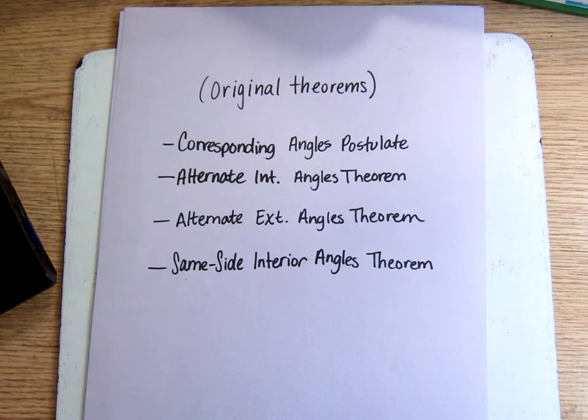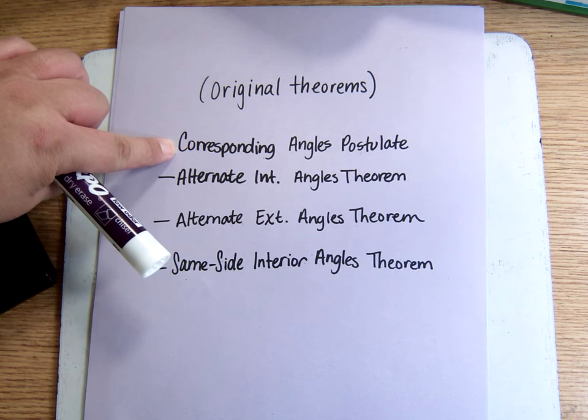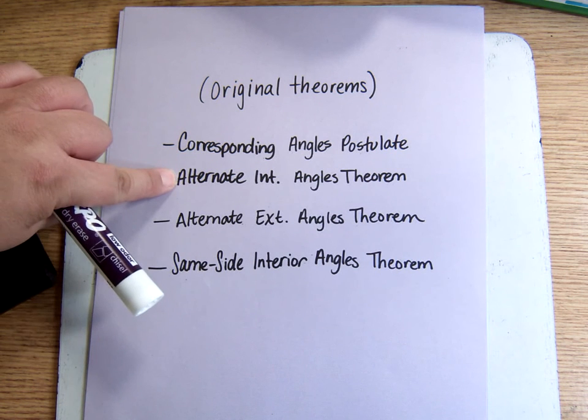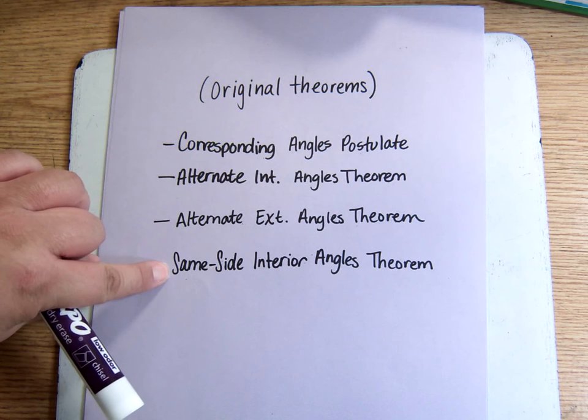That gave us these four postulates or theorems. The only one that's a postulate is this one. So: corresponding angles postulate, alternate interior angles theorem, alternate exterior angles theorem, same side interior angles theorem.